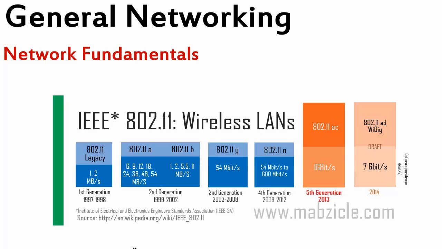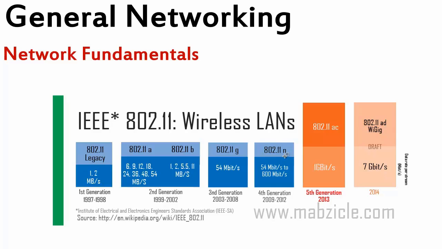Here is just a picture to show you wireless standards. It is all described in a standard 802.11. And then you have A, B, G. The latest one is AC, which will allow you to achieve gigabit speeds in theory. And of course they are working on the next generation wireless standards as well at the moment.